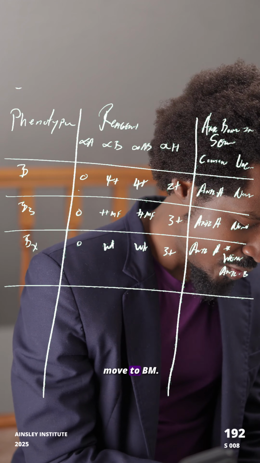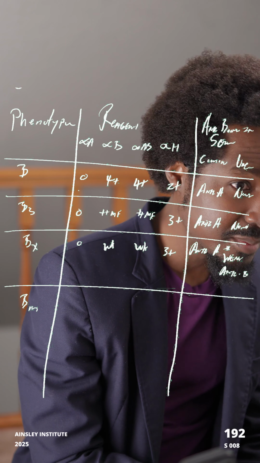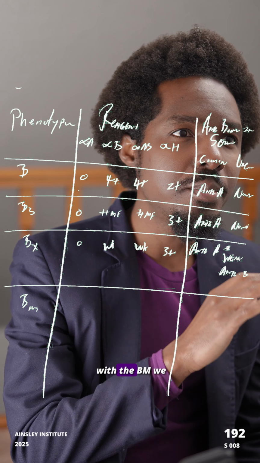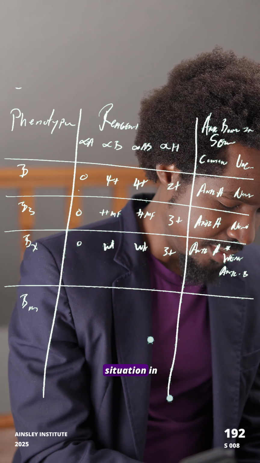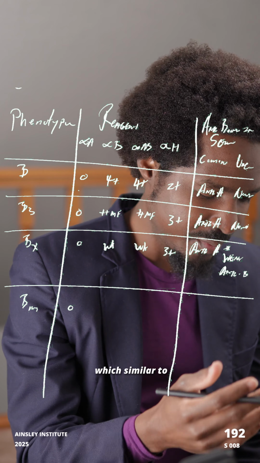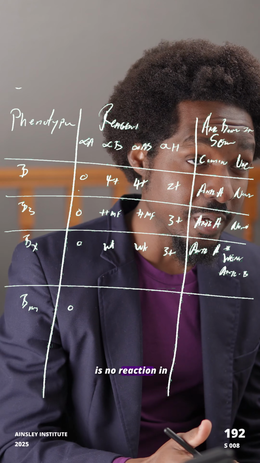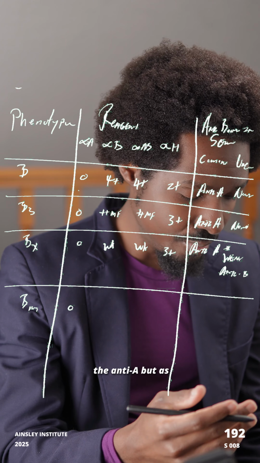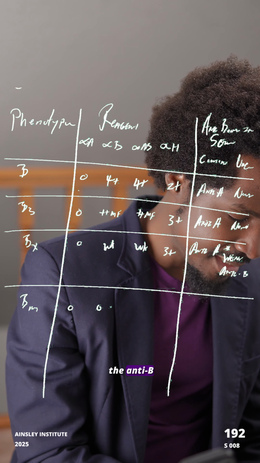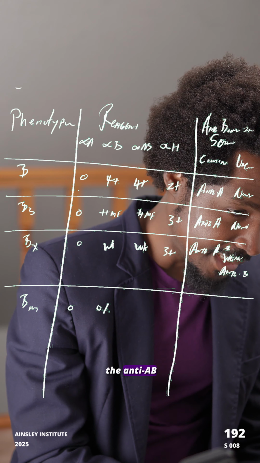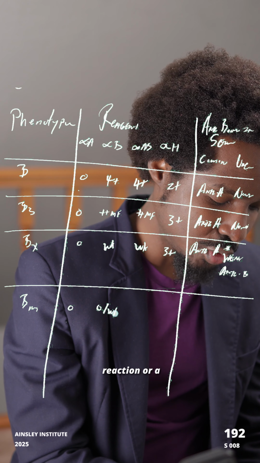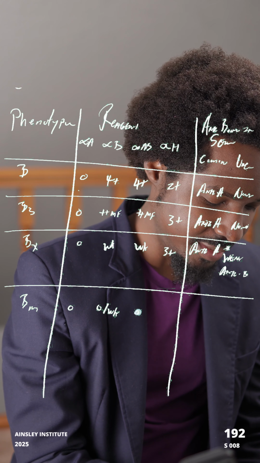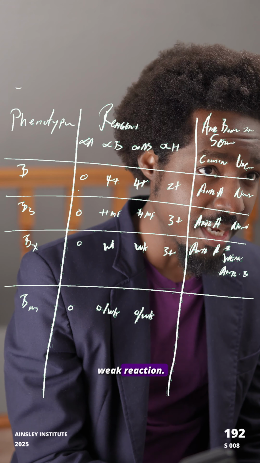So now let us move to BM. With the BM, similar to the others, there is no reaction in the anti-A, but with the anti-B and the anti-AB, we're going to expect no reaction or a weak reaction to take place.